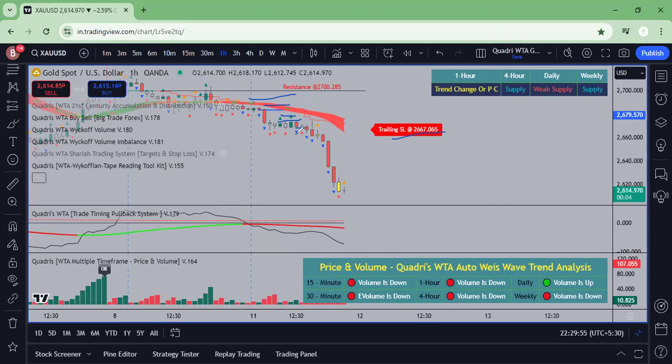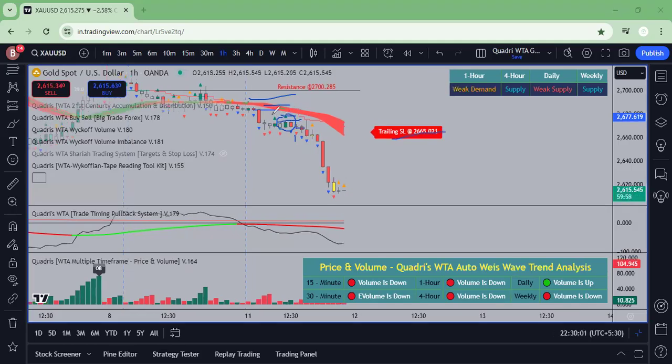I was talking about this entry. When we applied version 155, we got these two demand candles, which are greater than supply, and before that we had a no supply candle. So it was evident that prices were going to either go upwards or go sideways.